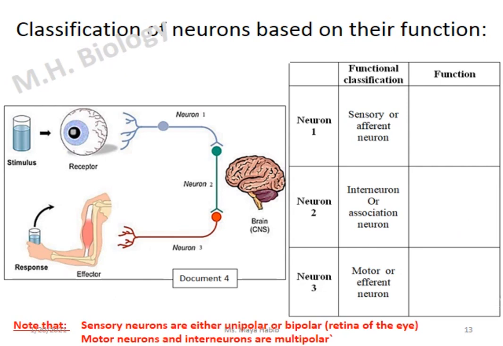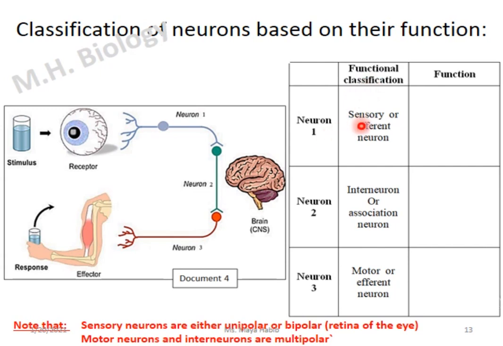So in this table, you can fill the different functions of these 3 neurons, but before you pause the video and try to write your answers, I'm going to tell you what would be the names of these neurons based on their function. So this is what we call functional classification.